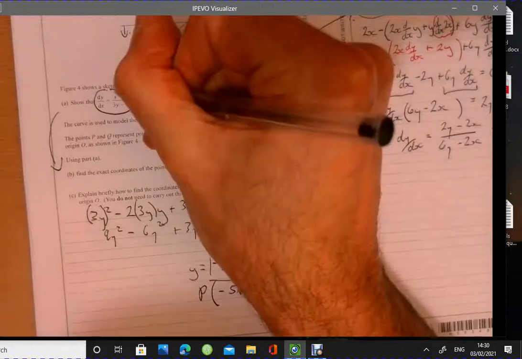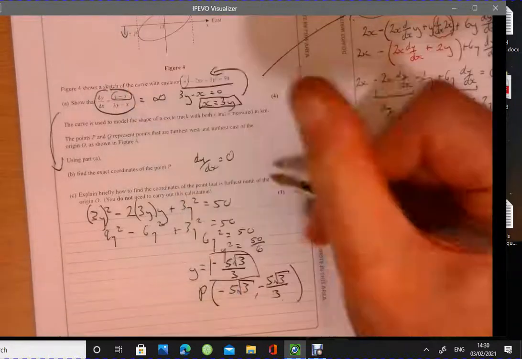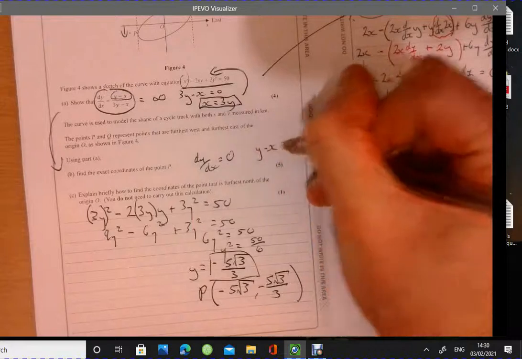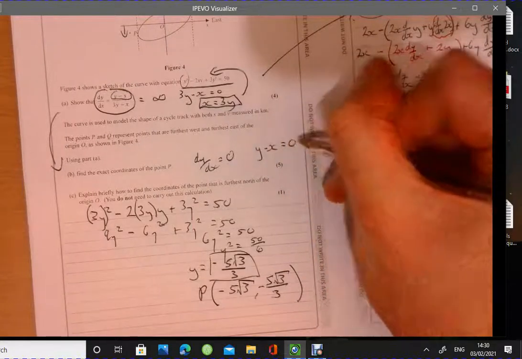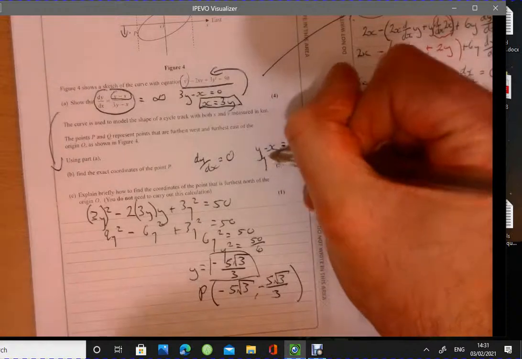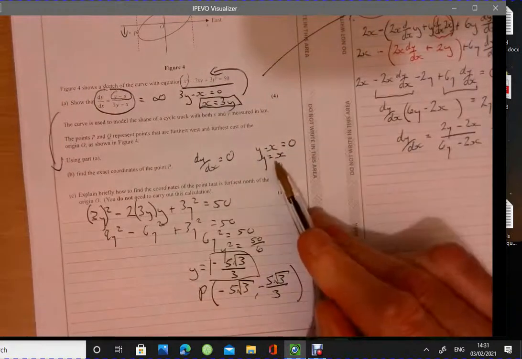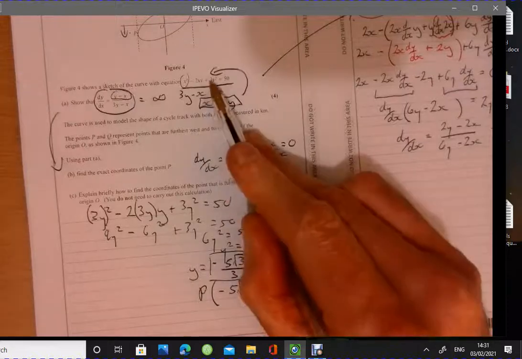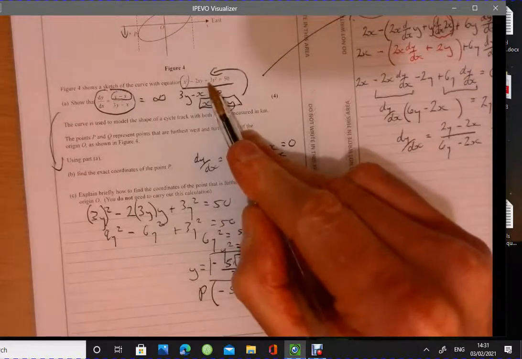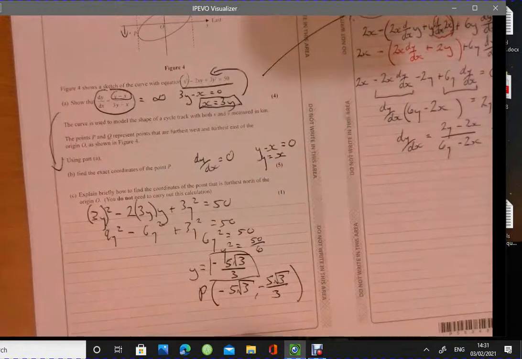That would only be this numerator part. So when is y minus x equal to 0? When is y equal to x? Feed that back into there. All right, there you are. Question 9 done.